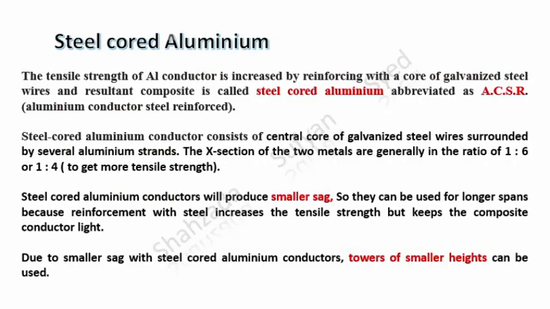Next we have steel cored aluminium. The tensile strength of aluminium conductor is increased by reinforcement with a core of galvanized steel. The galvanized steel actually prevents rusting and corrosion.